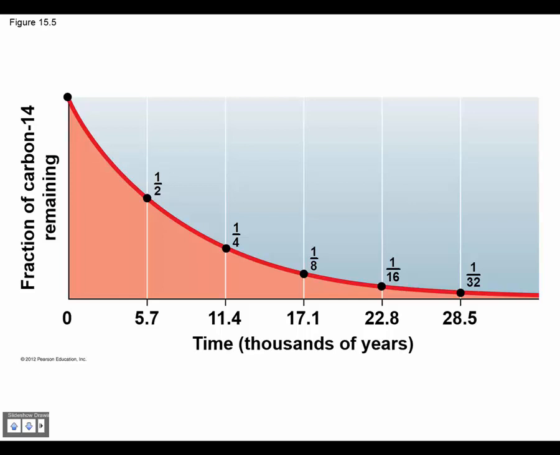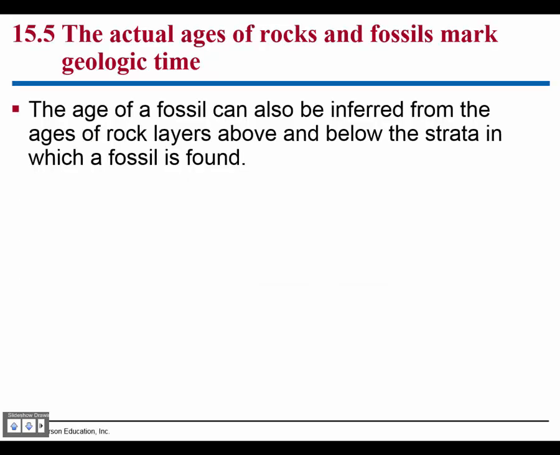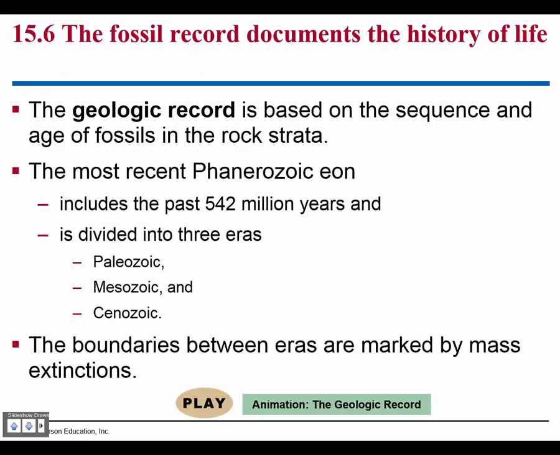Isotopes have a very, very predictable rate of decay. Additionally, you can use deductive reasoning and infer the age of a fossil from the rock layers above and below in which it's found. So you can use isotopes of the geologic record to make an inference about the fossils found in there.